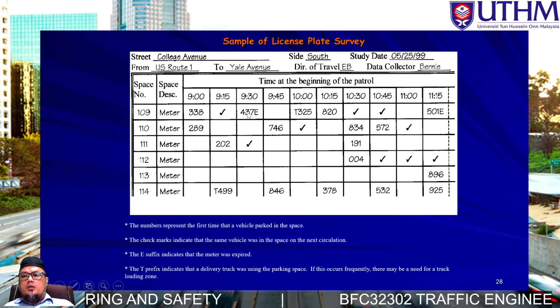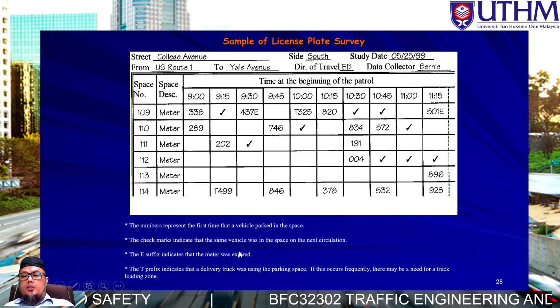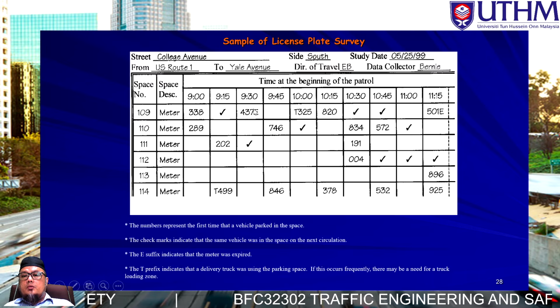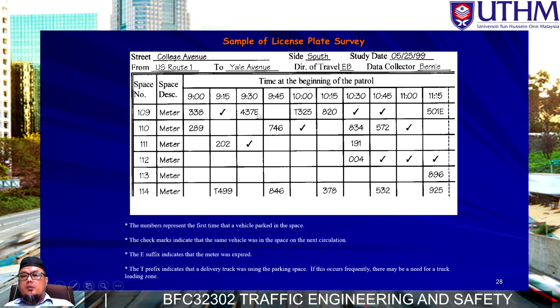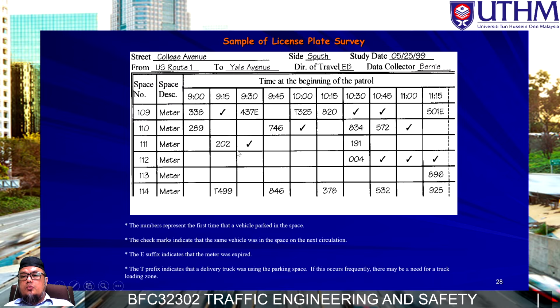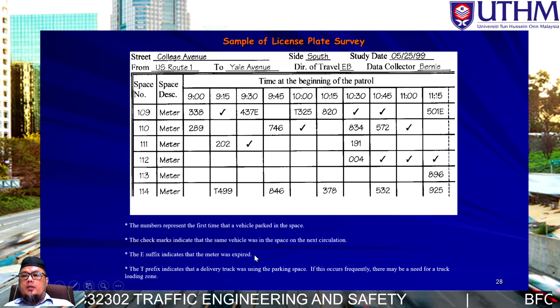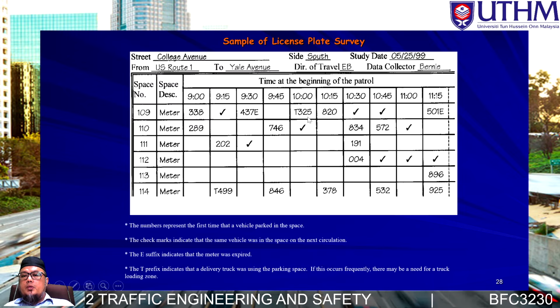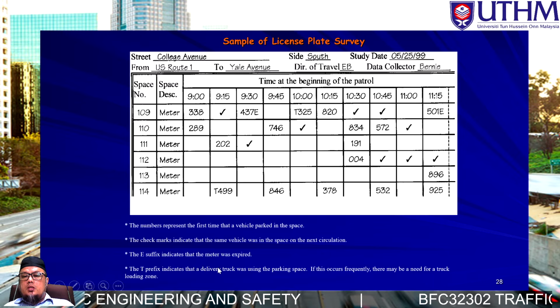Okay, the E suffix indicates the meter has expired. So they parked over the period, the overdue period, and when expired they have to insert their coin or coupon to extend the period. This one has a capital T, which is considered a delivery truck.